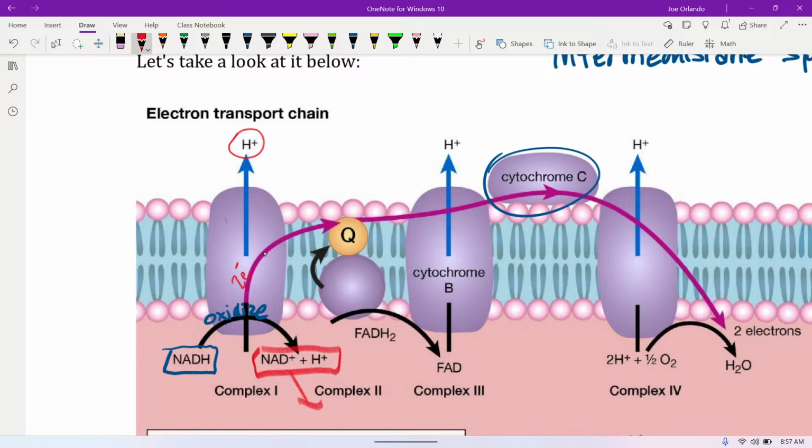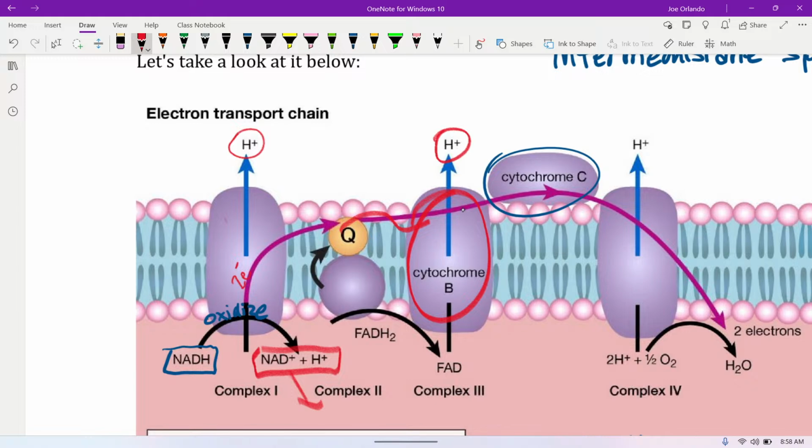And then those electrons get passed along. There's this carrier molecule called quinone, but it just acts as a carrier, and it gets the electrons to this second enzyme called cytochrome B. And cytochrome B uses more of the energy from those electrons and pumps another H plus ion into the intermembrane space.